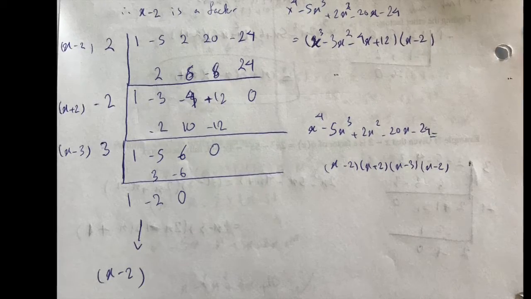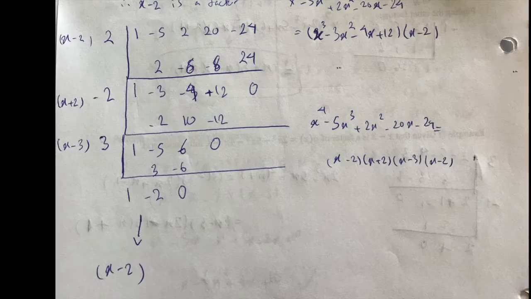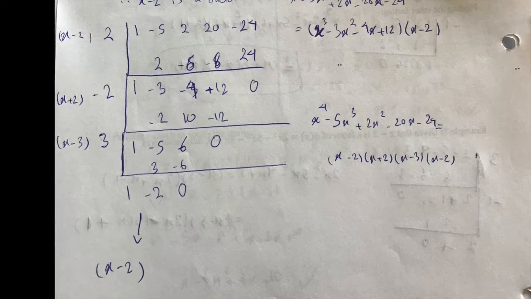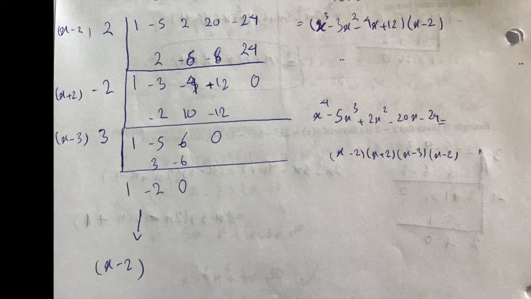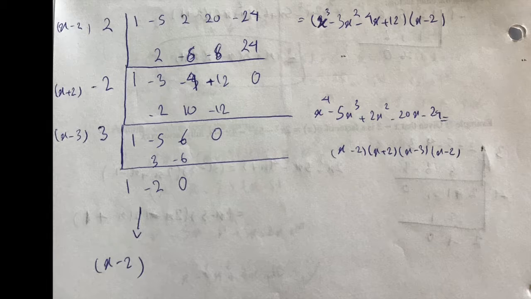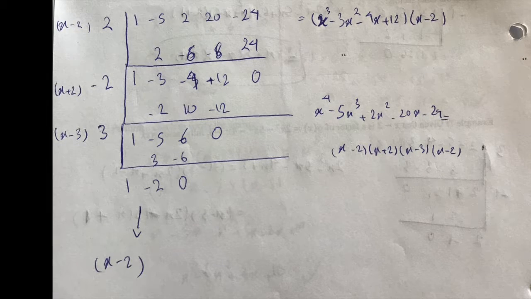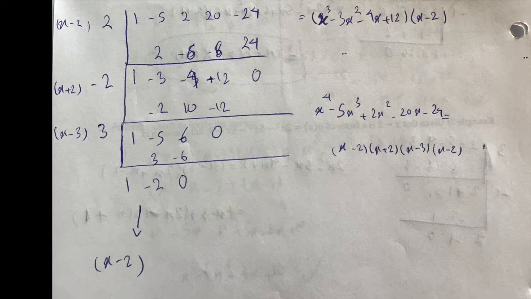And now we are left with another remainder of 0 and another x minus 2 factor, which leaves us with the factors x minus 2, x plus 2, x minus 3, and x minus 2. Now, as you can see, our x minus 2 has an even multiplicity, which will help us later in how we're able to graph it.